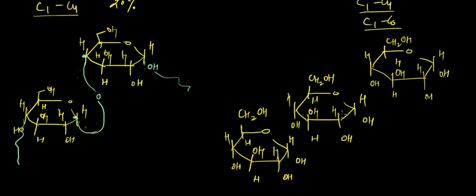So what about the linkages? First we will have C1-C4, then C1-C6. This is the C6 carbon. The oxygen atom from here would be linked to the C1 carbon here. So this will have C1-C6 here, and at the same time we will have C1-C4 here.